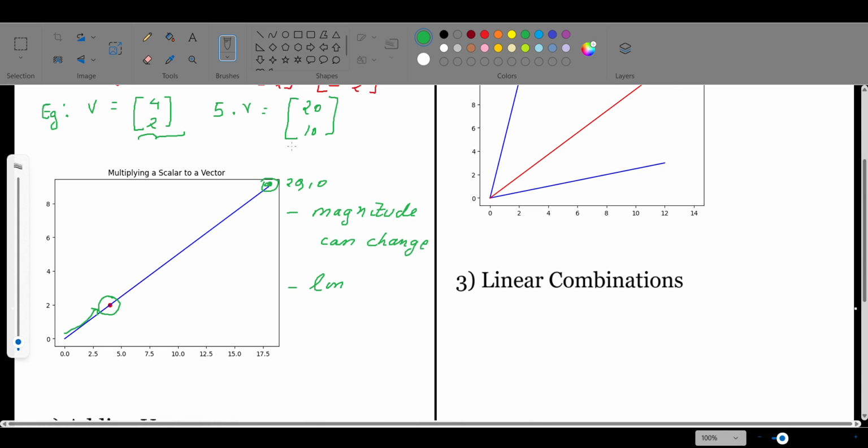The line still stays the same. That's the main thing. Now you could have even multiplied it by half. Then the magnitude would become half.